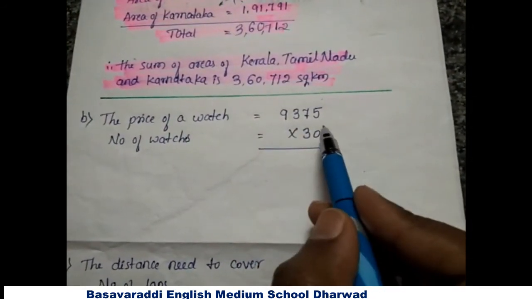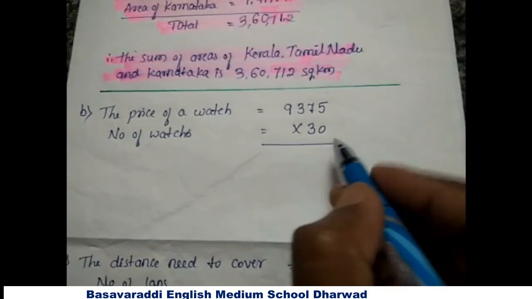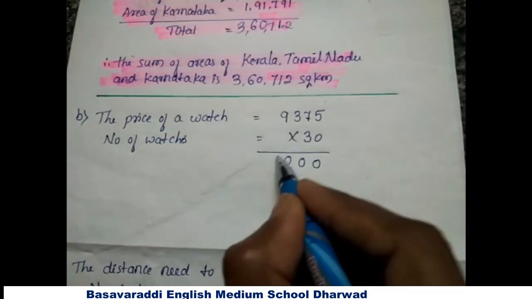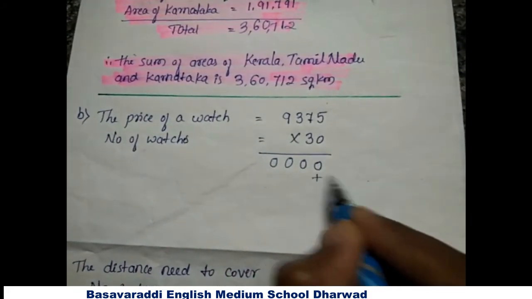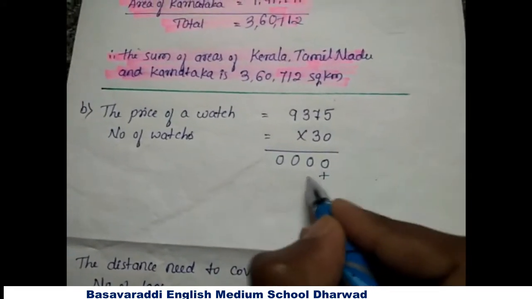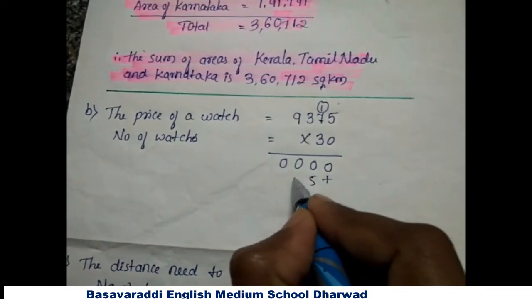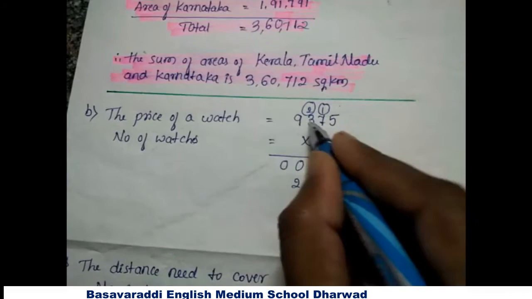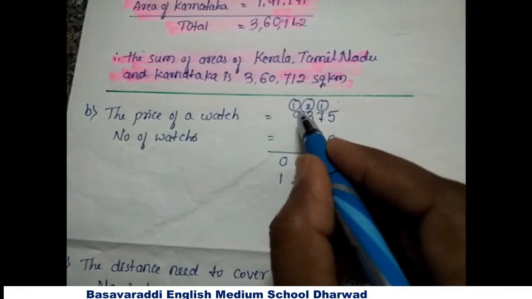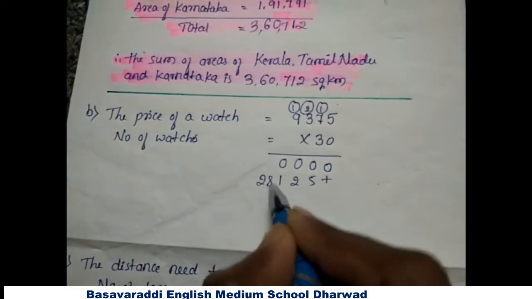Any number multiplied by 0 gives 0 as the product. So 0 times 5 is a 0, 0 times 7 is a 0, 0 times 3 is a 0, and 0 times 9 is a 0. Next, do the multiplication by the tens place. 3 times 5 is a 15, so 1 carry over. 3 times 7 is a 21 plus 1 is 22, 2 carry over. 3 times 3 is a 9, 9 plus 2 is 11. 3 times 9 is a 27, the 27 plus 1 is 28.